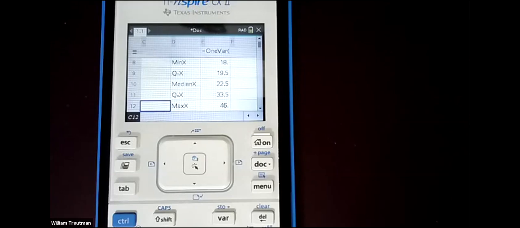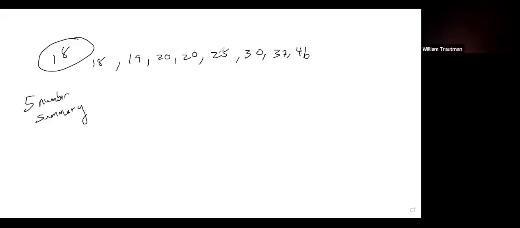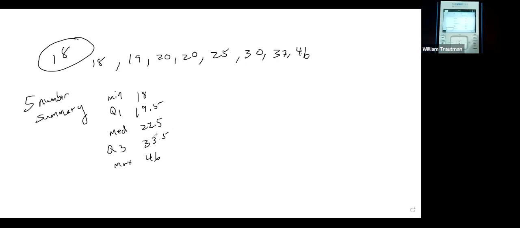All righty, so 18, 19.5. So the minimum, Q1, median, sometimes referred to as Q2, Q3, and the maximum. That's the 5-number summary.